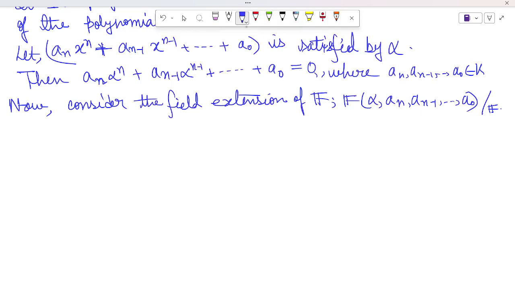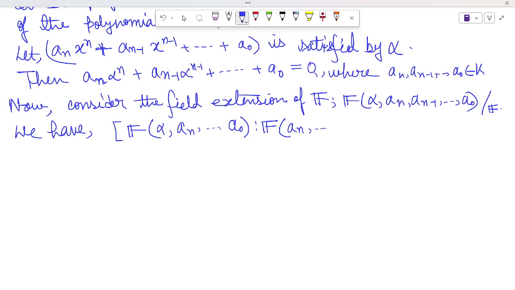How to use it? We have this degree, this thing over F.